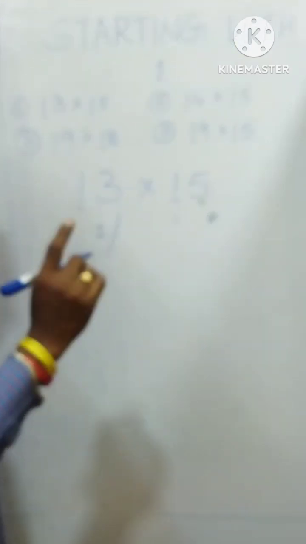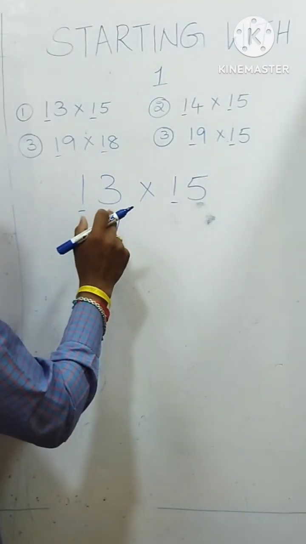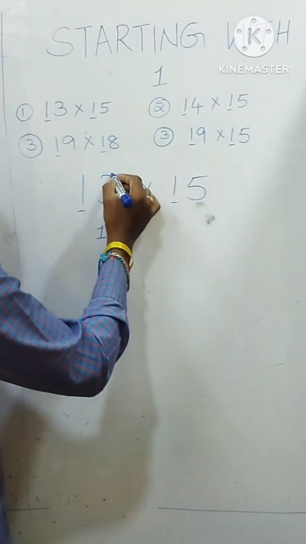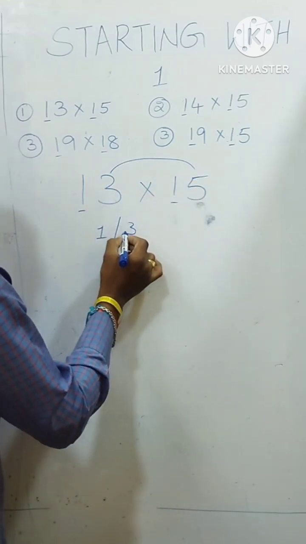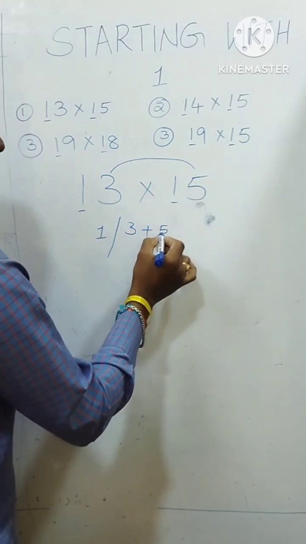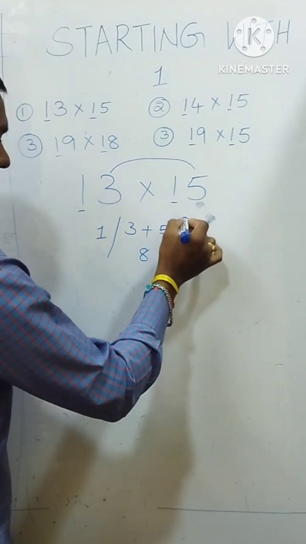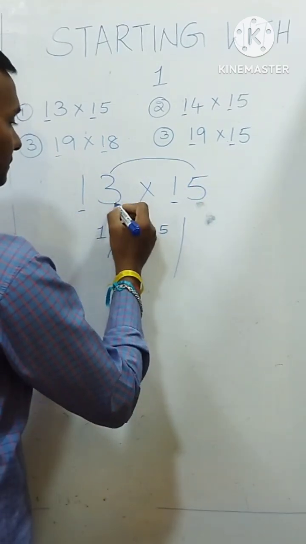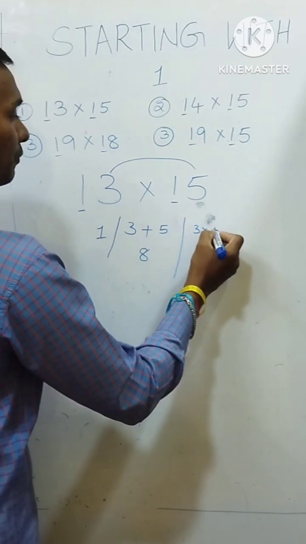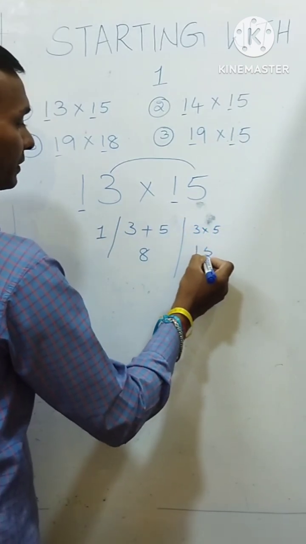That is the first part. Now, 3 plus 5. In the middle, addition of these two numbers. 3 plus 5. That will give you 8. In the last, 3 into 5. That will give you 15.